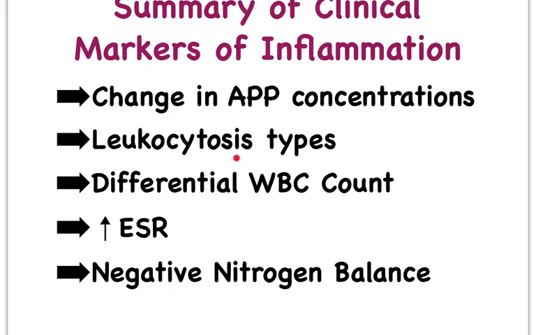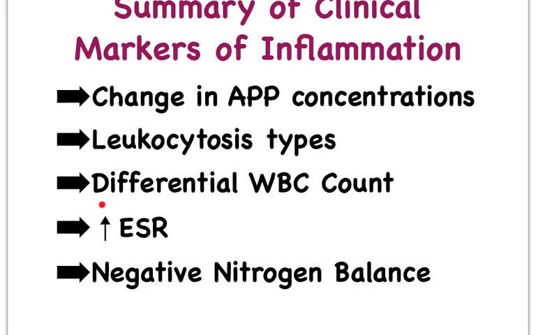We're going to see a change in the number of leukocytes. Typically, we're going to see an increase in various leukocyte, white blood cells. It all depends on what kind of acute inflammation or even chronic inflammation is occurring, which then leads us to the differential white blood cell count, which can pinpoint better what kind of inflammation is occurring.